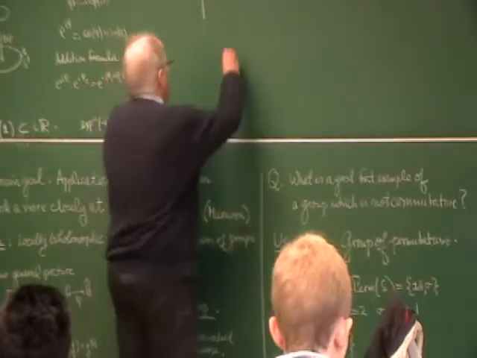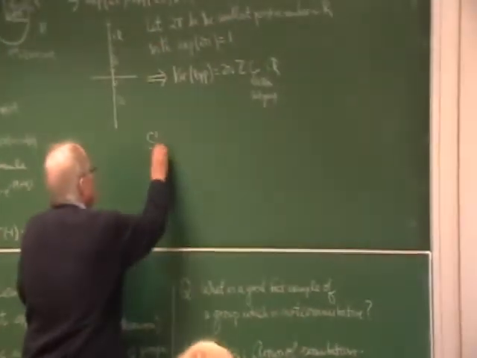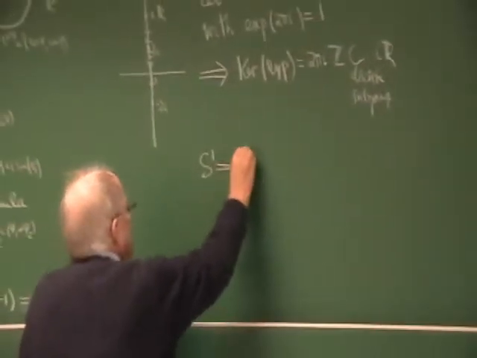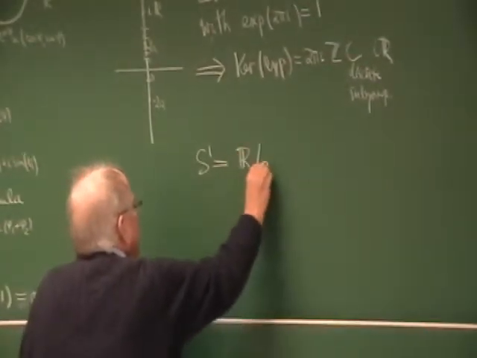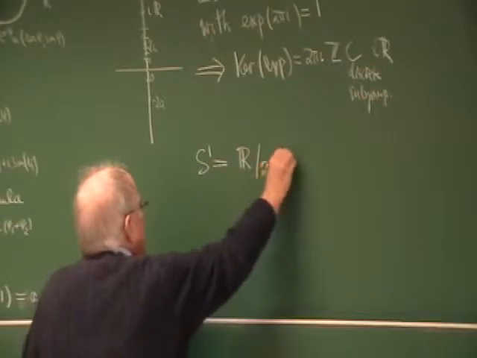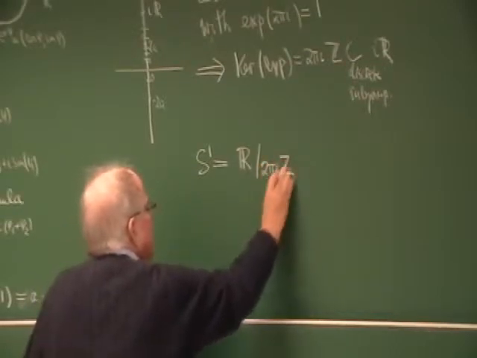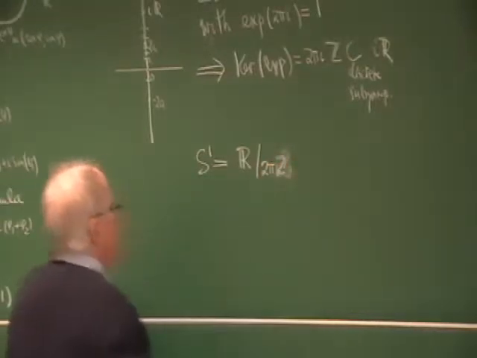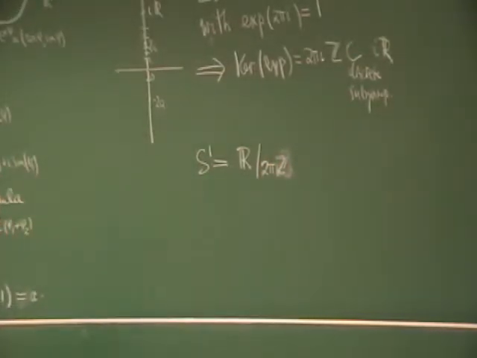Okay. So we know that S1, which is the image of x, is R modulo 2 pi Z. I'll put everything in the real numbers and get i out of the picture. That's what we really prove.